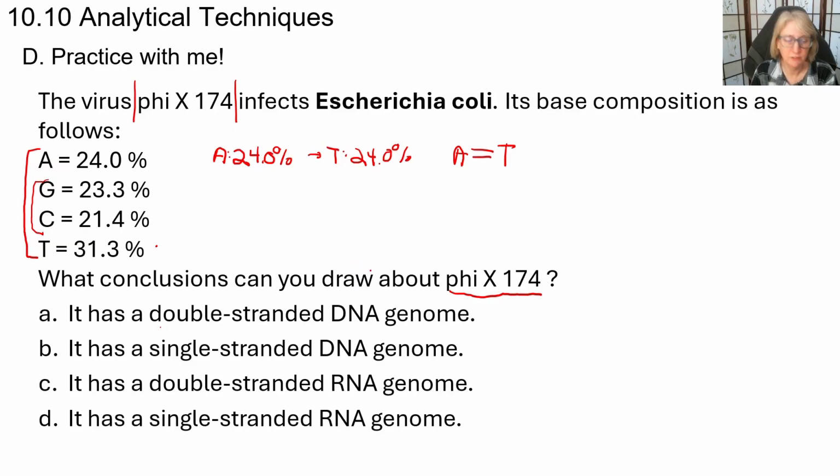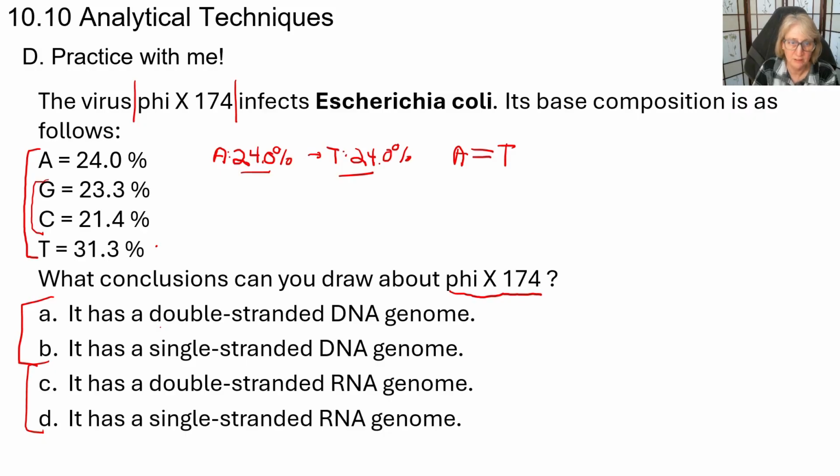If you still haven't solved it, is this code because the DNA is not in expected ratios? Does that mean automatically that RNA is the genome for this virus? And then here's the answer.